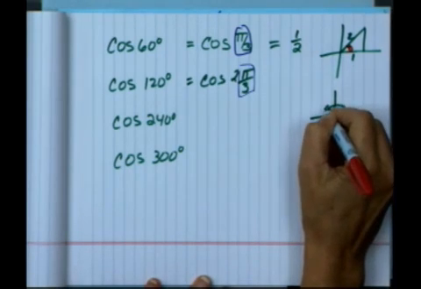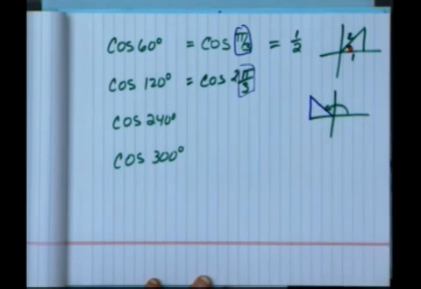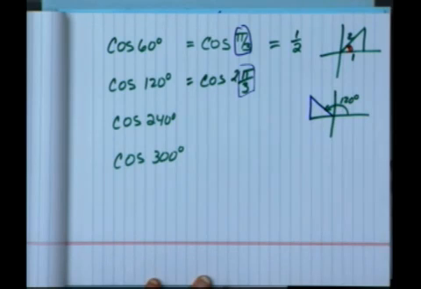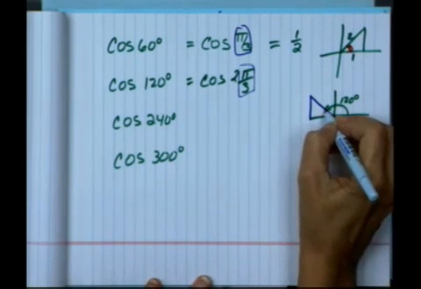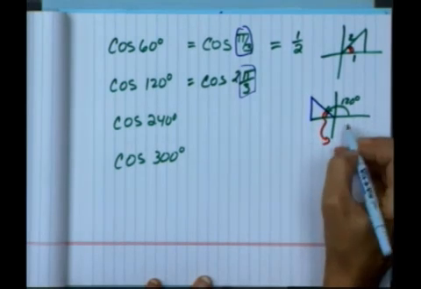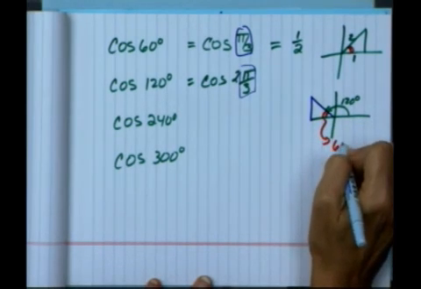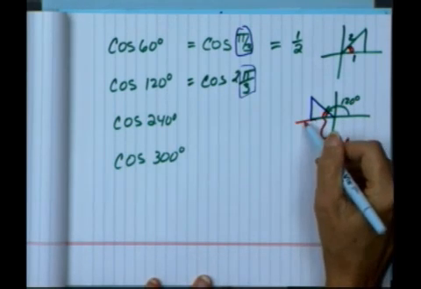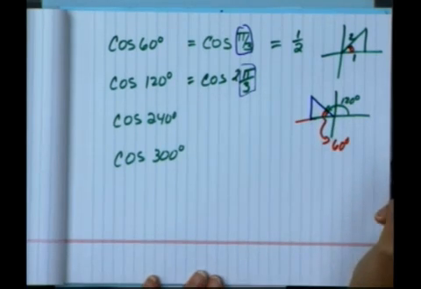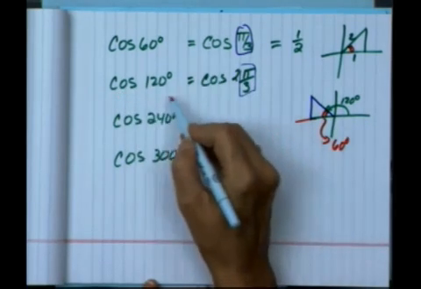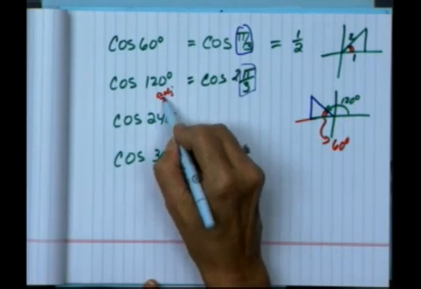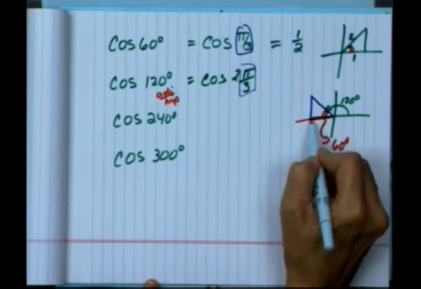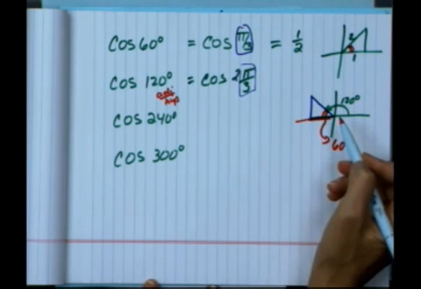And so let's draw our little reference triangle. This is the 120 right here. What is the measure of this little reference angle in here? 60 degrees, because 120 plus 60 is 180, correct? All right, cosine is adjacent over hypotenuse. Your adjacent is always going to be on your x-axis from your reference angle.